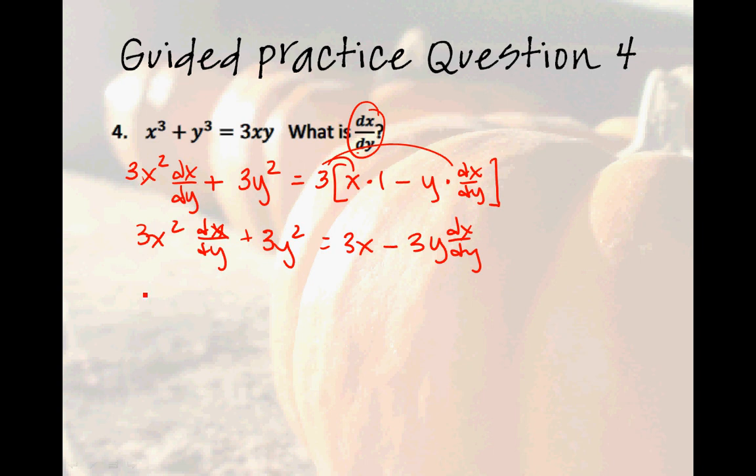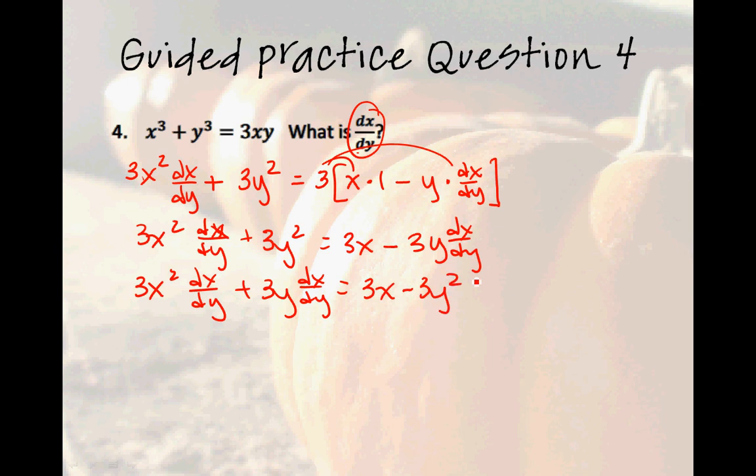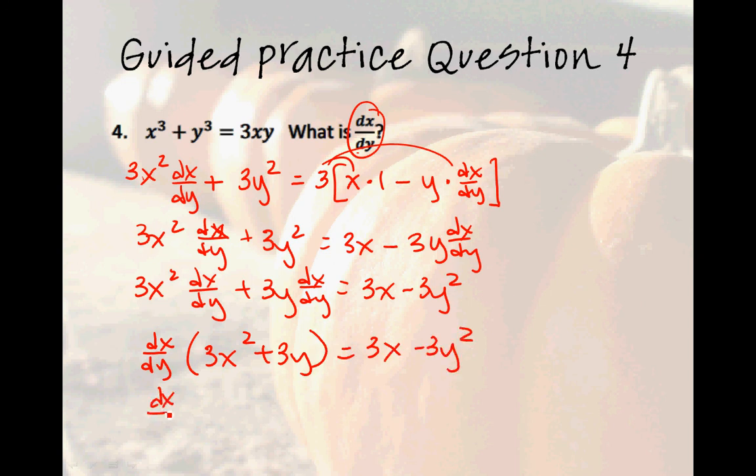Move all the dx/dy's to one side of the equation. Okay, that's done. And then we want to get those dx/dy's factored out. So we end up with 3x squared plus 3y equals 3x minus 3y squared. And then when you simplify, you have 3x minus 3y squared over 3x squared plus 3y.